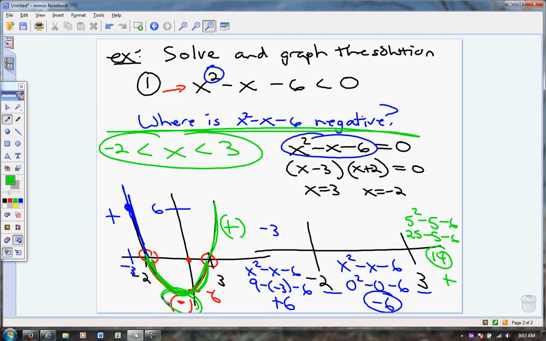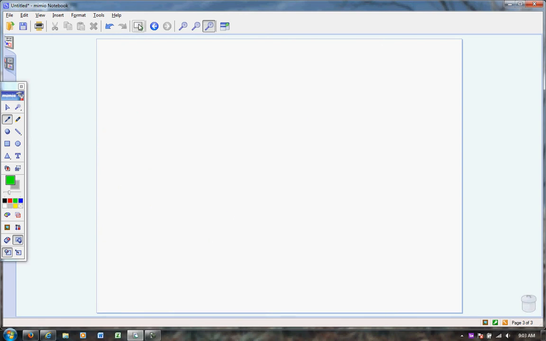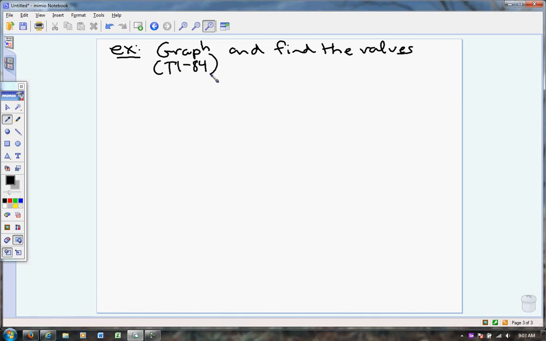Now, we're just going to do one graphically with the graphing calculator, and then we're going to be done. So, let's graph and find the values of x that satisfy the inequality. By the way, we're going to graph this with the TI-84.